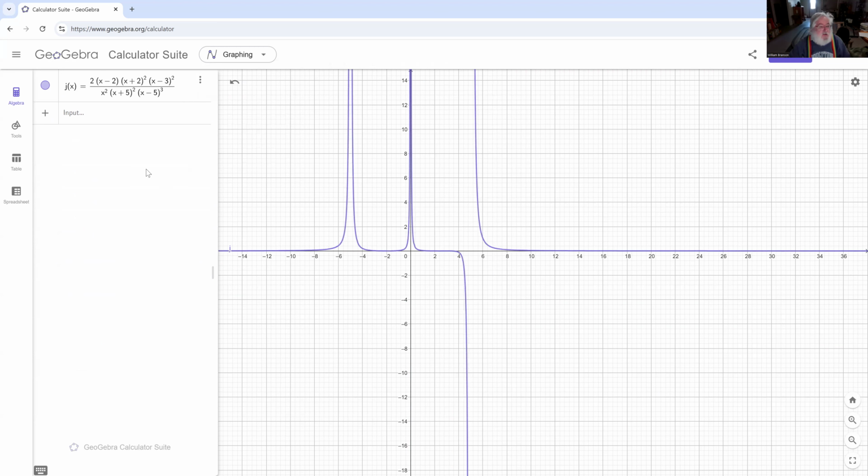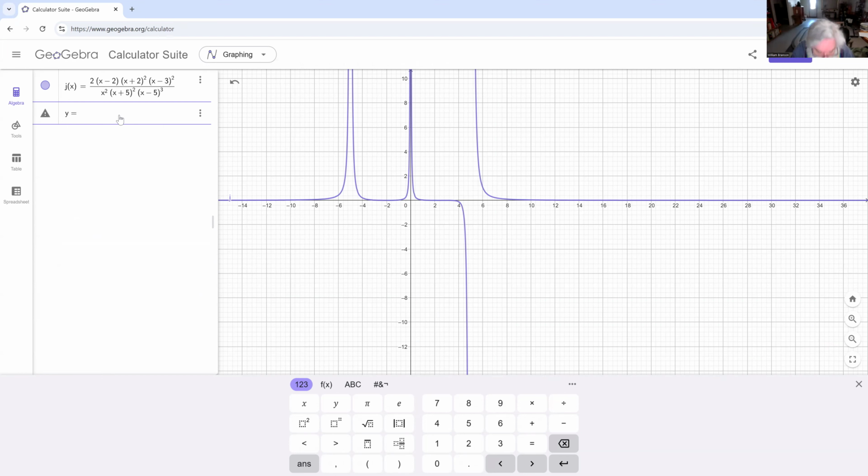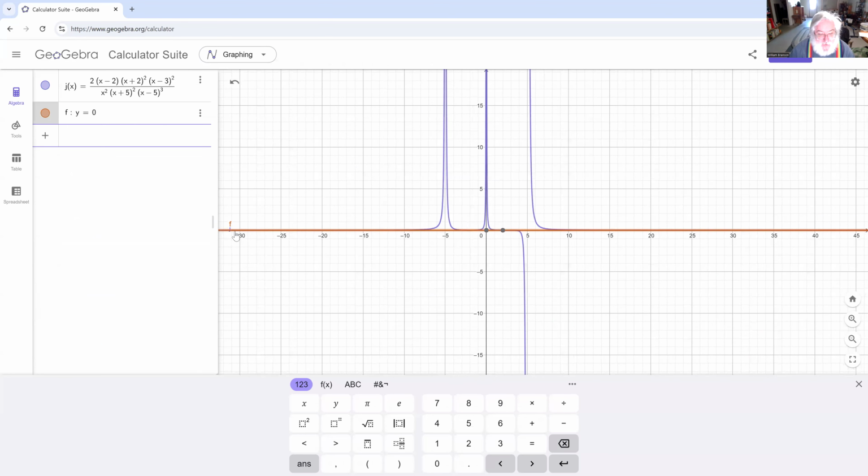So notice that our horizontal asymptote, the graph gets very close to y equals 0 as we go out to the right and the left. Our vertical asymptotes are x equals 0. Blue is a bad choice for that.